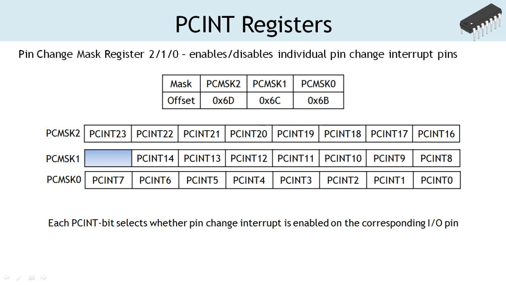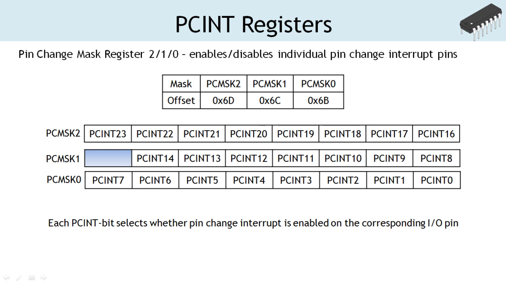The offsets 6D, 6C and 6B in hex are used to reference the registers PCMSK2, PCMSK1 and PCMSK0 respectively. The load and store instructions must be used to read and write to the registers.